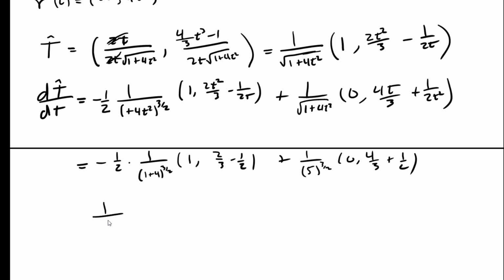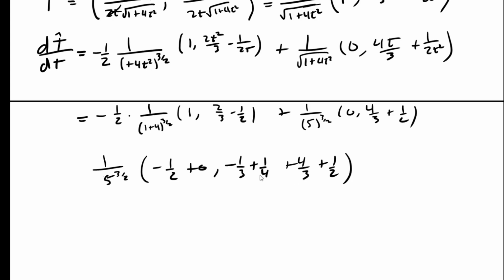So we have 1 over 5 to the 3/2 times minus 1/2, plus 0, and then comma, minus 1/3 plus 1/4 plus 4/3 plus 1/2. Right, so I just combined the two vectors by distributing the negative 1/2 inside and leaving the 5 to the 3/2 factored out. Those combine for 1, so I have 1 over 5 to the 3/2 times minus 1/2. That's 3/4 and 1, so that's 1 3/4, 7/4.